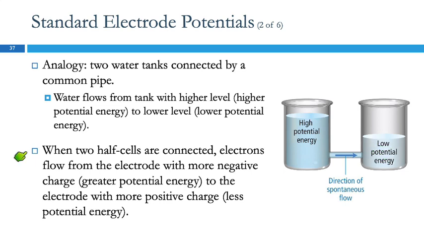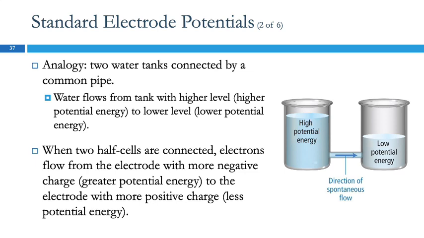When we have two half cells connected, the electrons are going to go from the one with the more negative charge, which is the greater potential energy, to the electrode with the more positive charge, which is less potential energy. So again, they're going from high potential energy to lower potential energy.